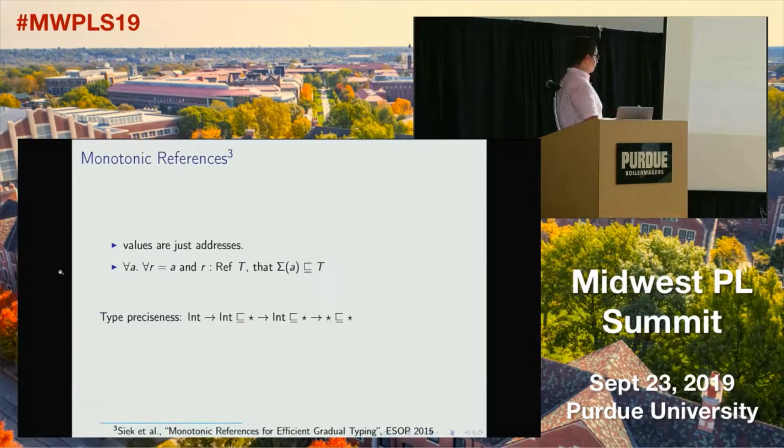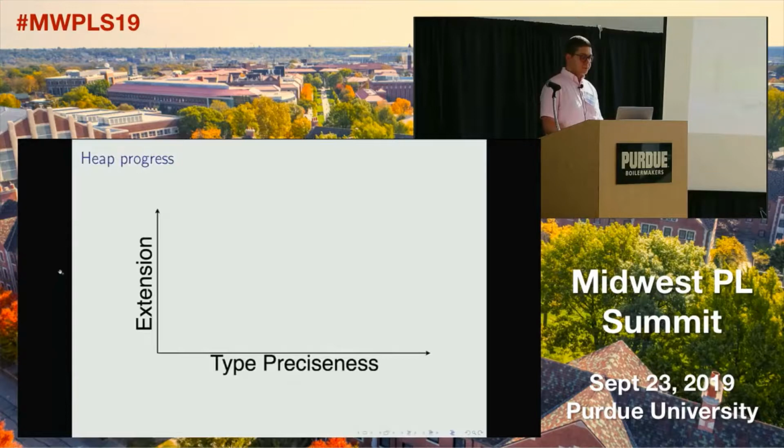So int arrow int is more precise than dyn arrow int, which is more precise than just dyn. The star symbol here is the dynamic type. So the heap can evolve or progress along two dimensions. It can be extended by adding more elements to it, or it can become more precise over time.